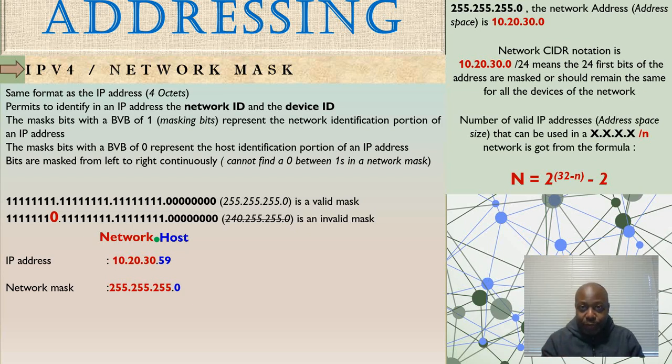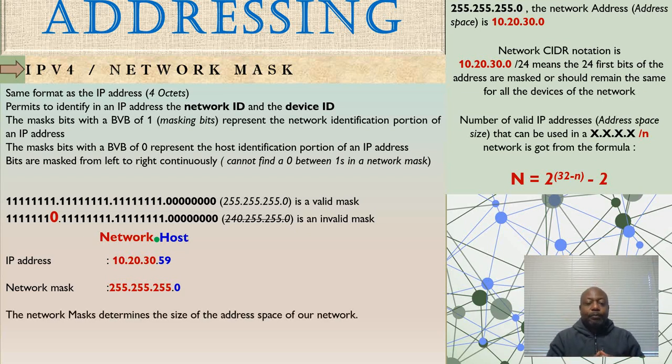And then we remove 2. We're removing 2 because the first IP address is the network identifier, and the last IP address is the broadcast, that is when we want to talk to everybody. We'll have a video to explain the concept of broadcast and others as we move on.